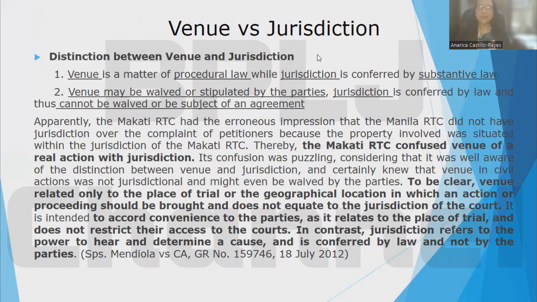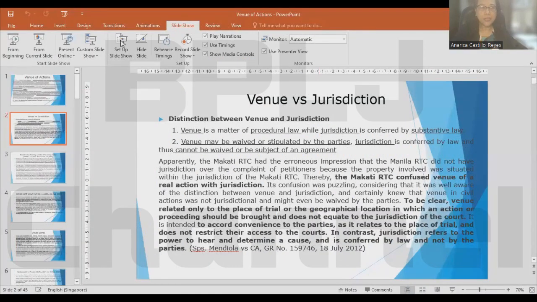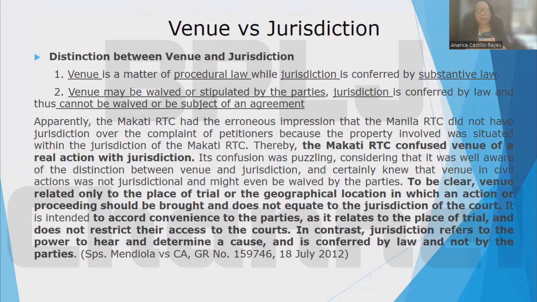Okay, now it is time to distinguish between venue and jurisdiction. The distinction between venue and jurisdiction. Venue is a matter of procedural law, as I was saying, while jurisdiction is conferred by substantive law.